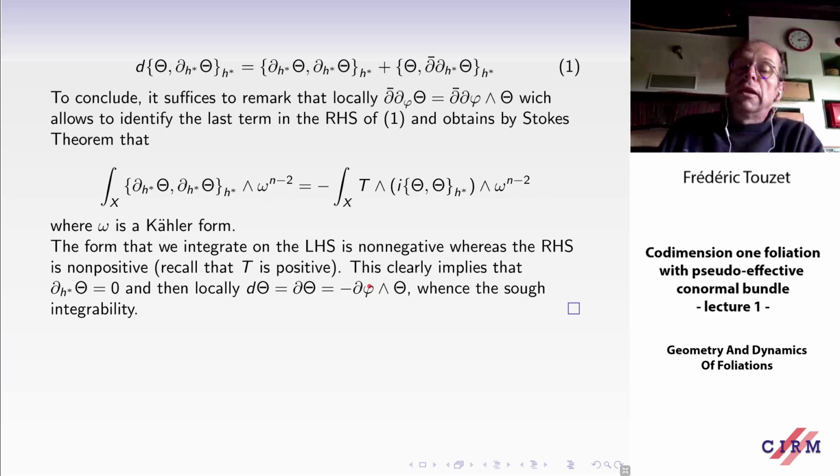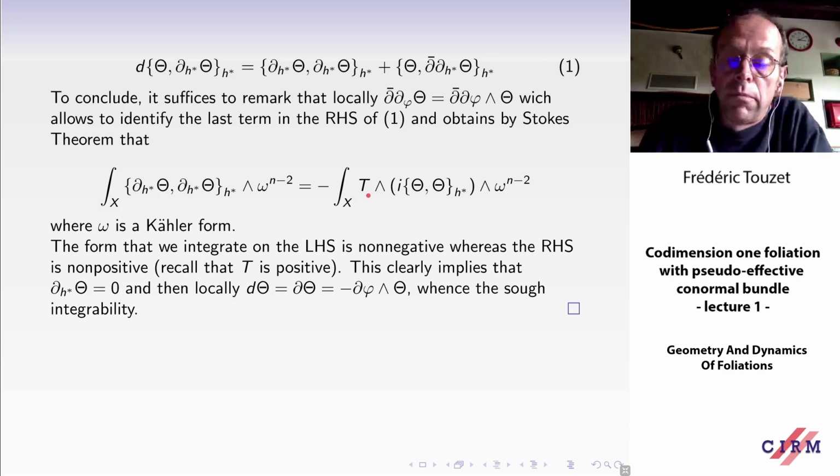So I put proof in quotes because, of course, you have to be cautious. The reason is that the current T is not necessarily a regular object, because plurisubharmonic functions in general are far from being regular.